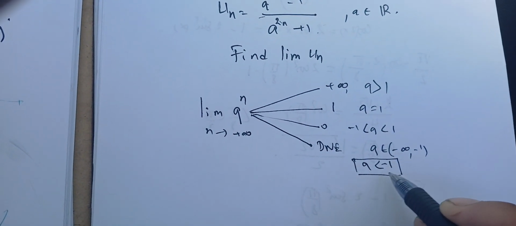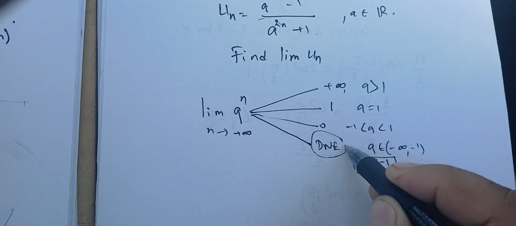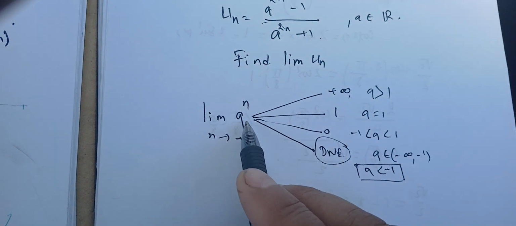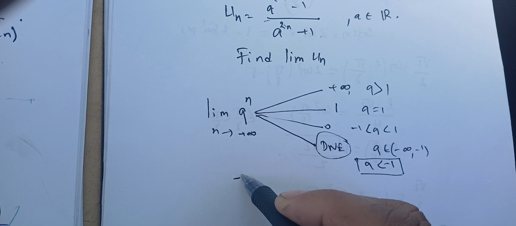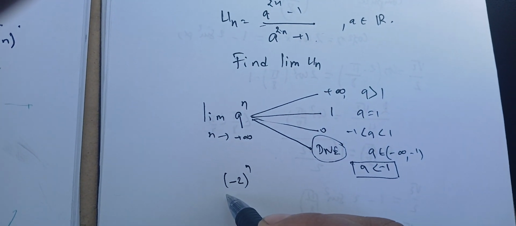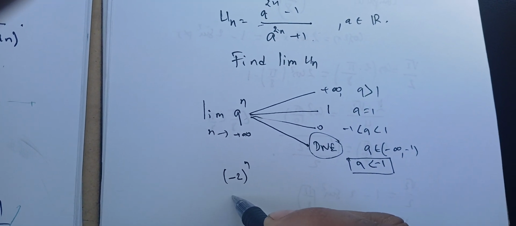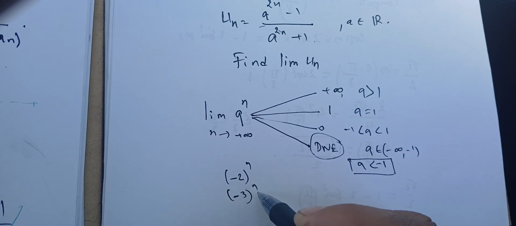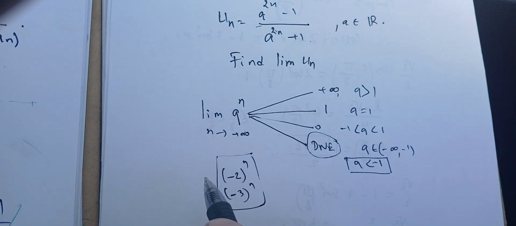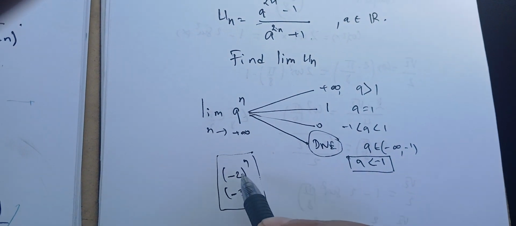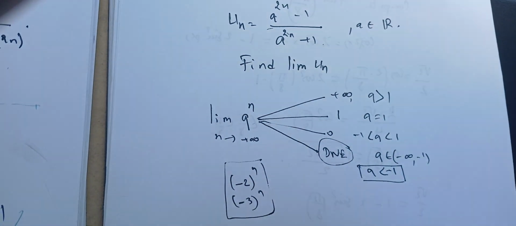To see why I'm saying this, try to use your calculator and use minus 2 to the power n, or just minus 3 to the power n, and see the behavior. You see that it's going to be jumping.